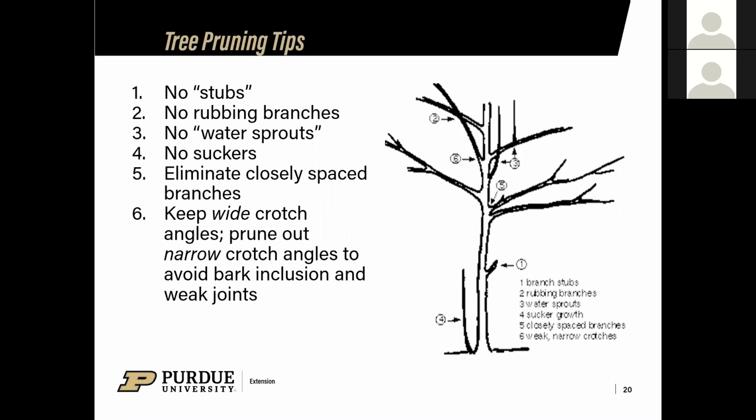That's just a place to be wounded, and insects and diseases might get into that tree. So anything that's crossing or rubbing, remove one of those branches. Water sprouts are those sprouts that come up in the middle of the tree and just grow 5-10 times faster than everything else. Just remove those back at the trunk. It's just a natural phenomenon that they do.